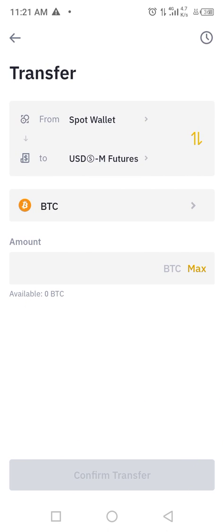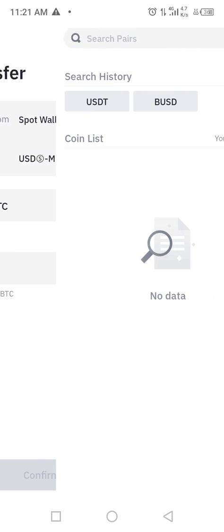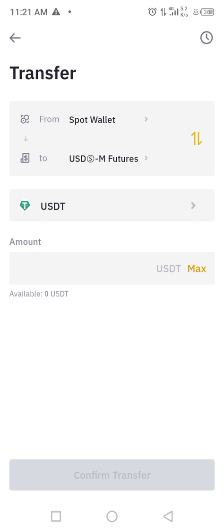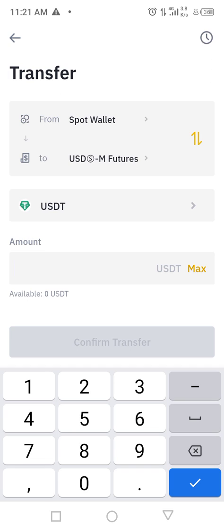After being in the spot wallet, choose USDM futures account, then transfer from spot to USDM, select USDT. As far as you have enough USDT in your spot, any amount, you can transfer it back to your USDM futures account.